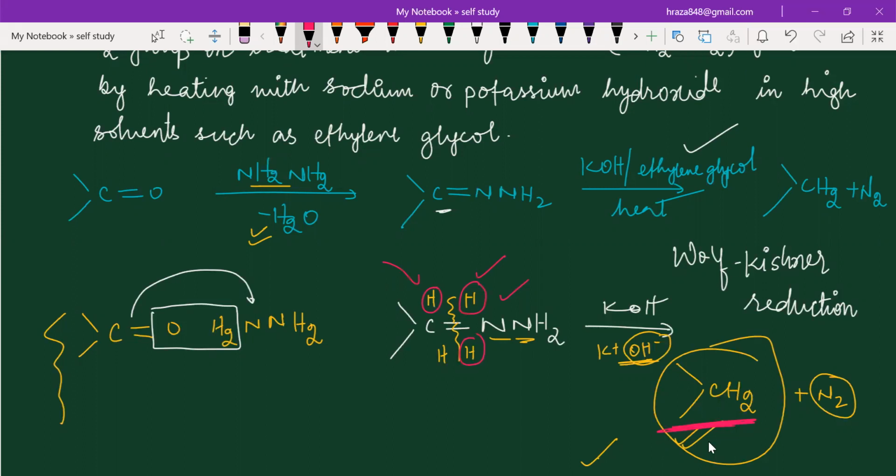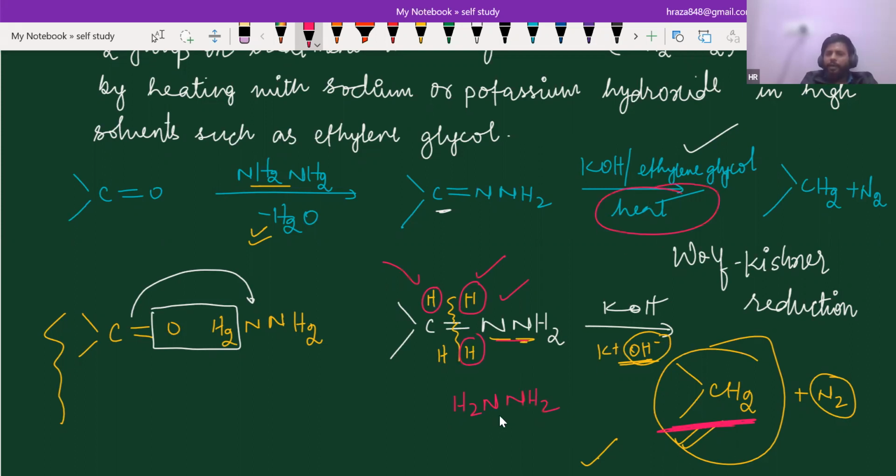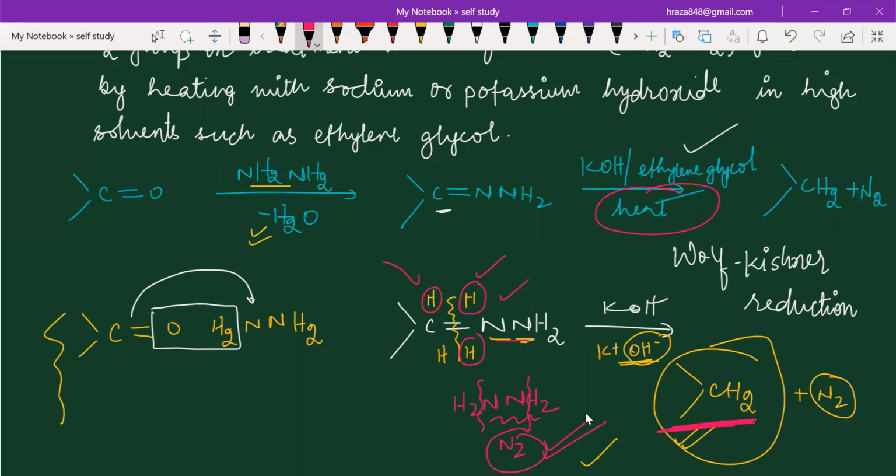Yes, sir. Now again you can see that this again becomes NH2 NH2. So basically by heating, when you are going to heat it, there will be bond breaking between hydrogen, nitrogen, hydrogen, and there will be evolution of N2. Is that clear? Yes, sir.